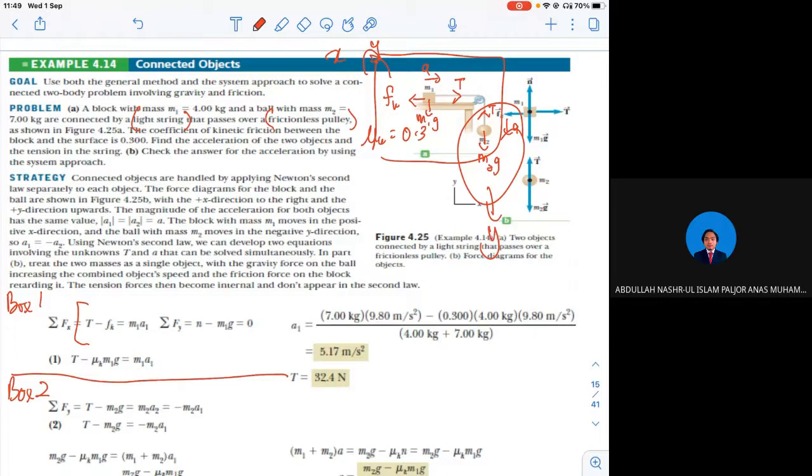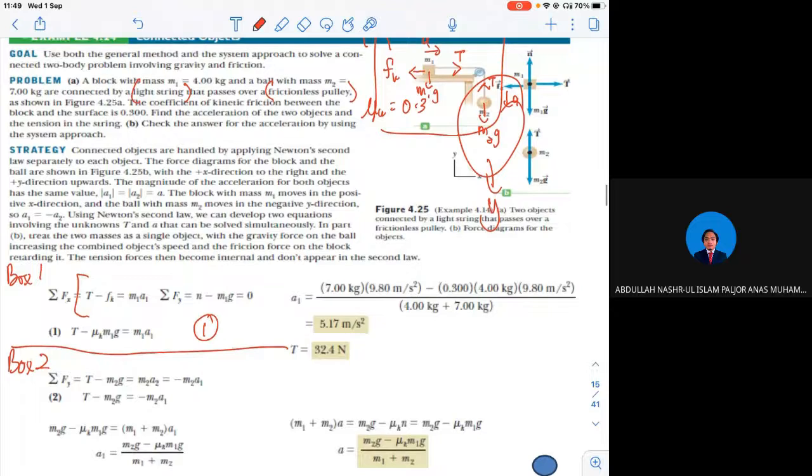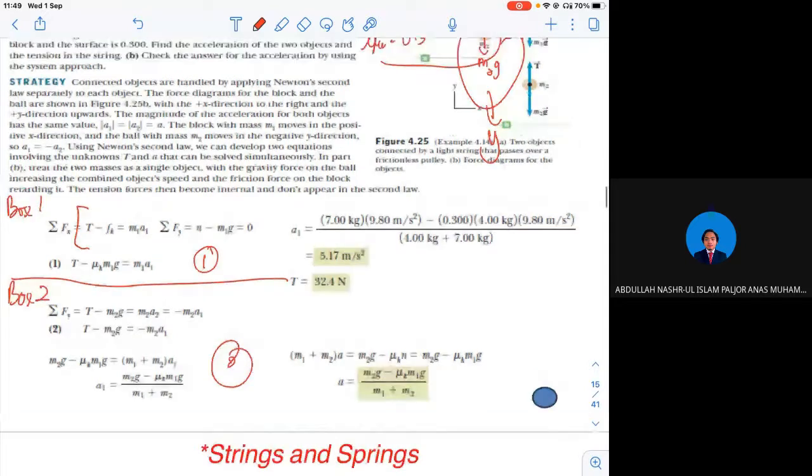So you calculate the equation from equation number 1. Now you calculate the second box to get the second equation, and then combine everything to get the acceleration, because equation number 1 has a1, and equation number 2 also has a1, so you can replace this a1 inside this.